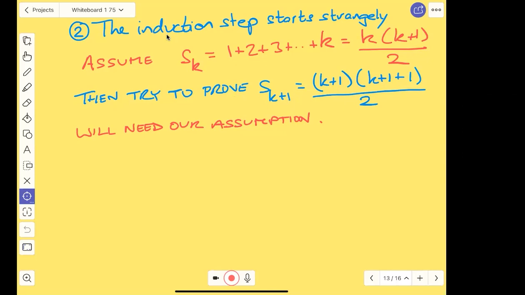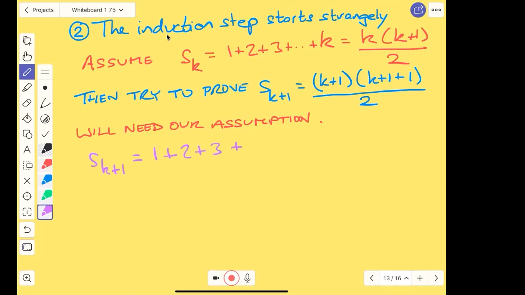And in a proof by induction, we always have to use our assumption. So let's try now to do this, and this is, I hope, a nice example. So what we need is S of k plus 1, and remember what that means. It's 1 plus 2 plus 3 plus all the way up to plus k plus 1. That's what we're trying to prove has this form.